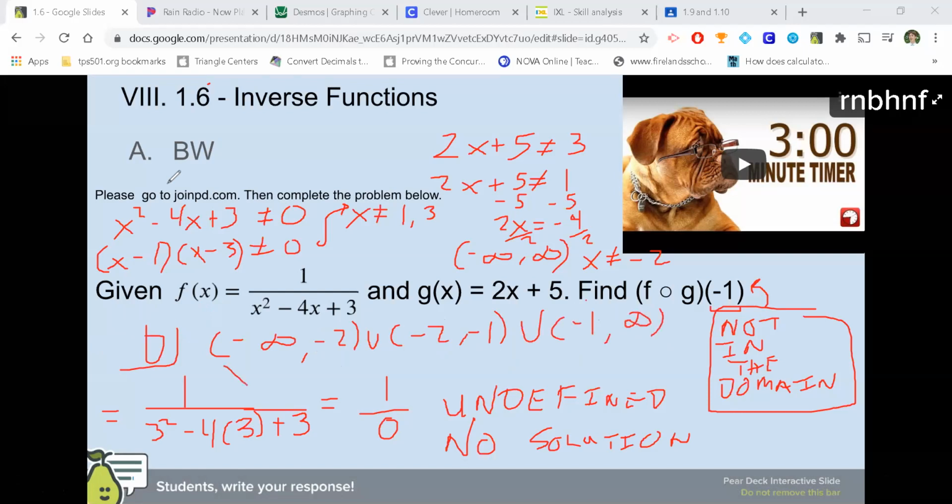In other words, x cannot equal -1, and x cannot equal -2, because if I plug those in, it'll give me the answers 1 and 3, and if I plug those in, it'll give me 0 in the denominator, which is bad.